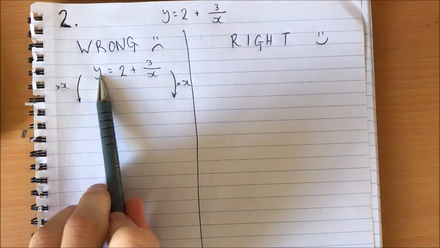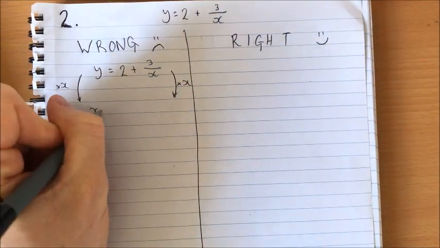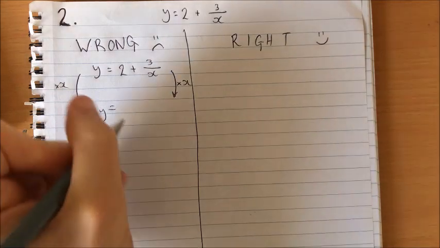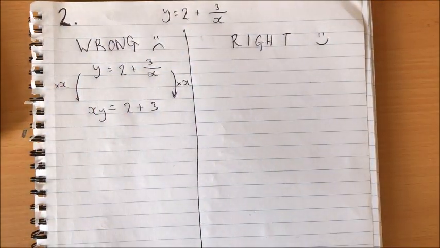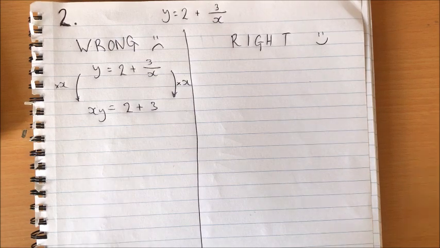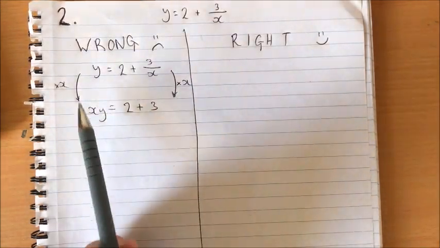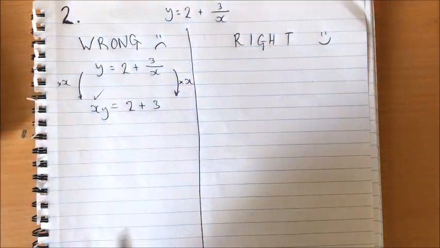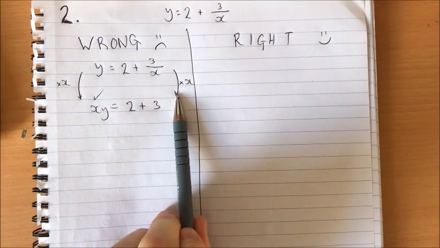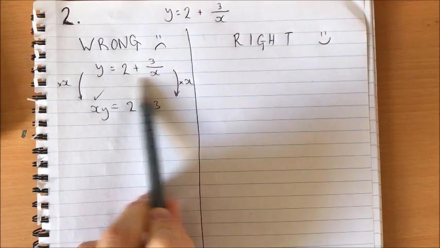So x times by y gives me xy. But then people write 2 plus 3. Do we see what's wrong there? What they should have done, y times by x gives me xy, so that bit's correct. But if you're timesing the right hand side by x, you must multiply every term by x.